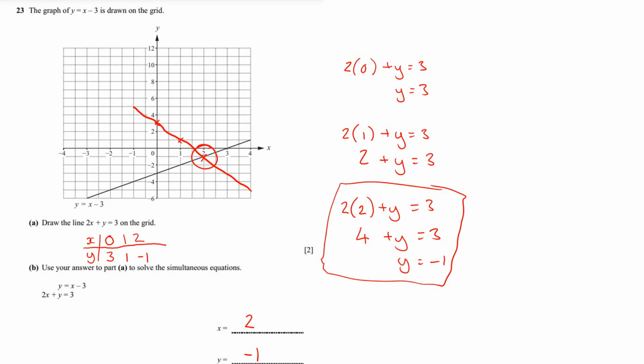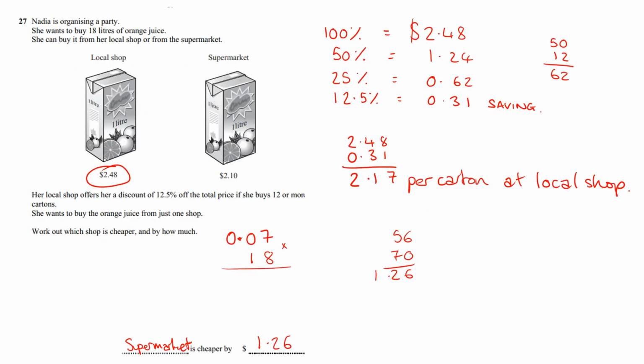And once you've plotted the straight line, the easy part is solving simultaneous equations graphically. Make sure you don't get on there with anything that's got curves or anything like that. But really the most important part is plotting using an XY table. And the other thing here is this is best buys. So you might search best buys, but also really it's to do with percentages of amounts as well. So percentages of amounts and best buys are the things you want to look for on this one.